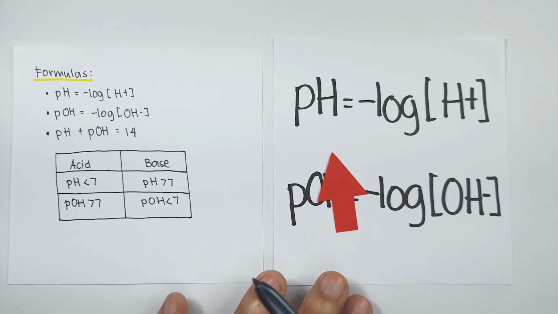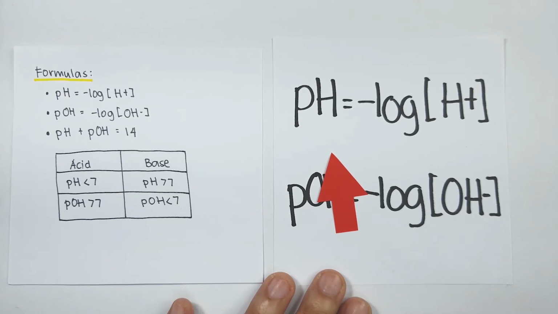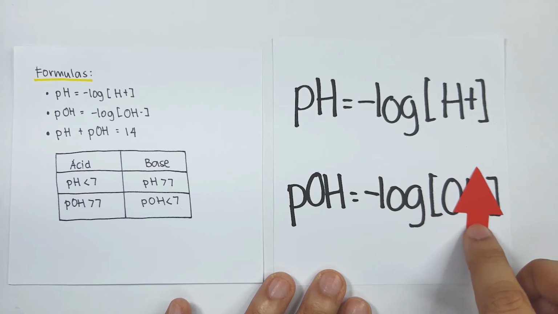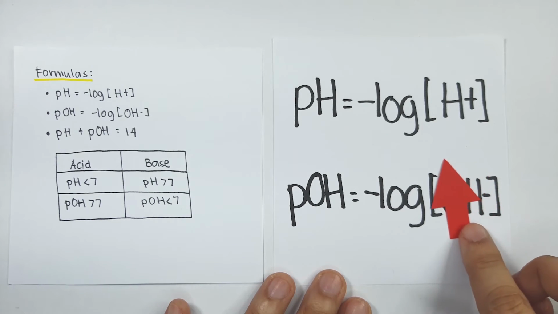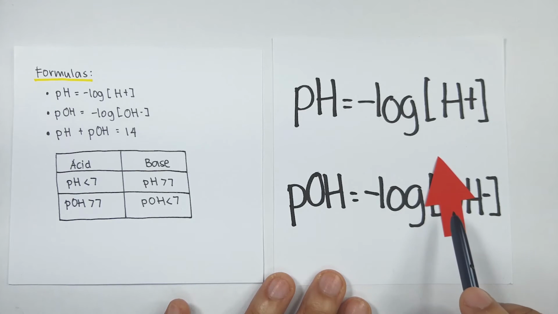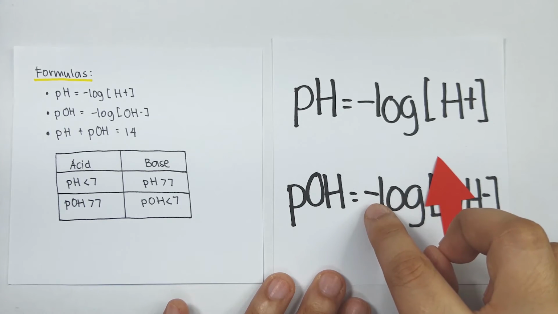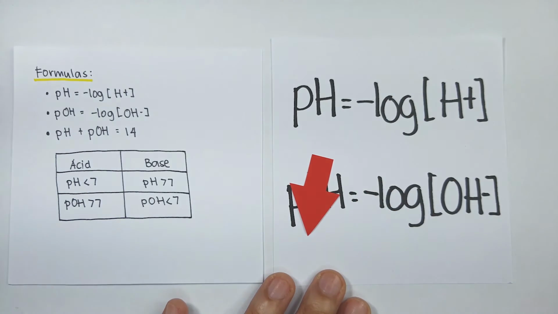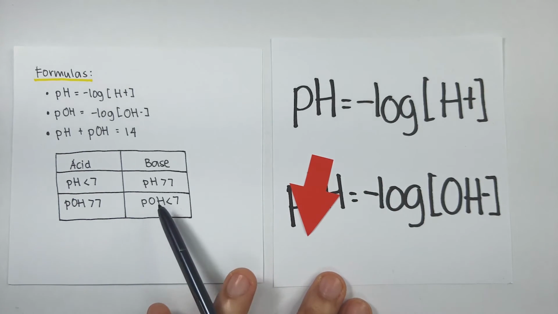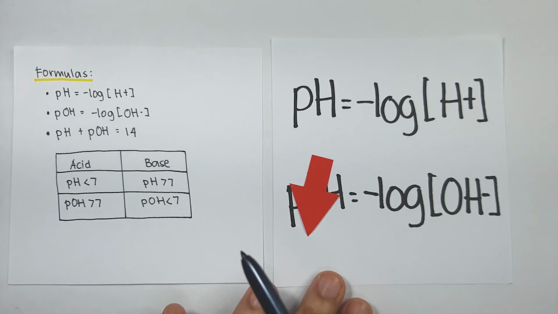Last is pOH value ng base. So kapag base ka, mataas yung concentration mo of OH-. So logarithm of a large value ay malaki. Multiply mo ng negative sign, magiging negative, so bababa. So kapag base ka, yung pOH value mo ay mababa or less than 7.